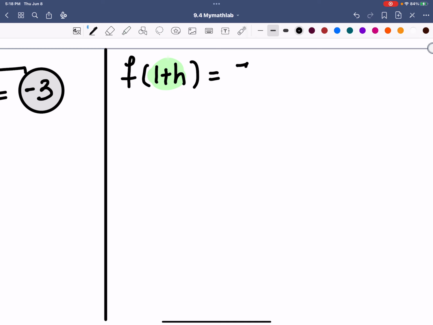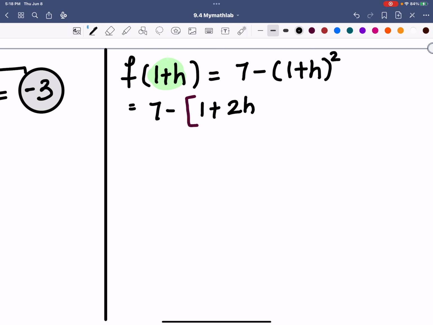So it is 7 minus 1 plus h whole squared. I'm going to put big parentheses because I don't like to make mistakes with my positives and negatives, which I usually tend to do. So 1 plus h whole squared is 1 plus 2h plus h squared.